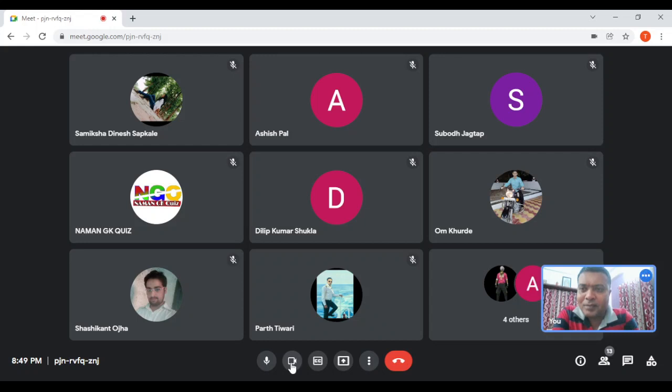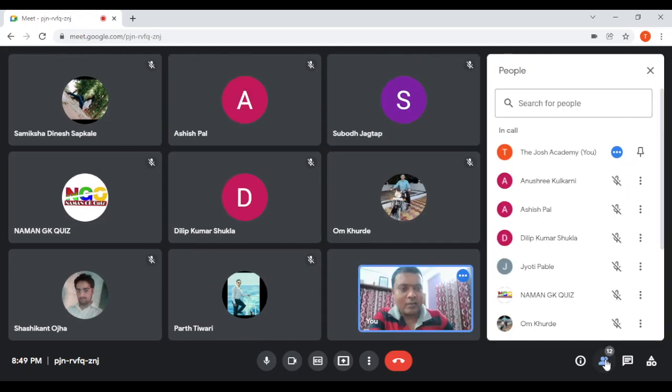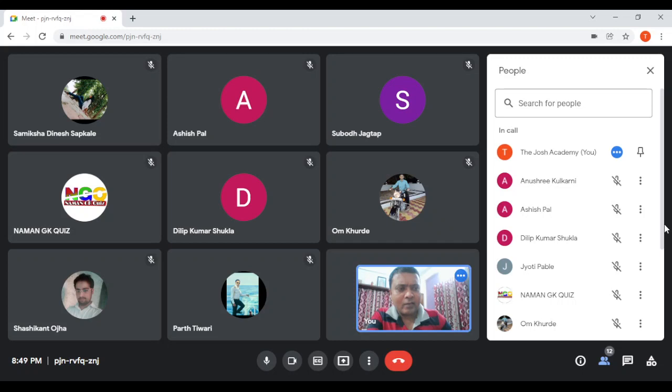Let me see who all are there, or it is just some disconnection. Ashish is there. Naman is there. Om, Krishna, Parth, Prabhat, and who else is there? Anushri. Okay.